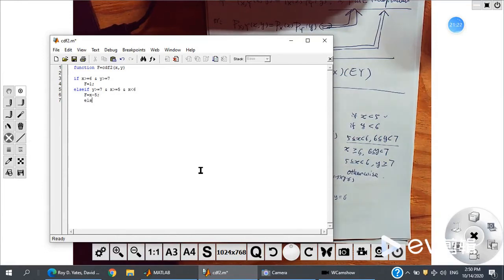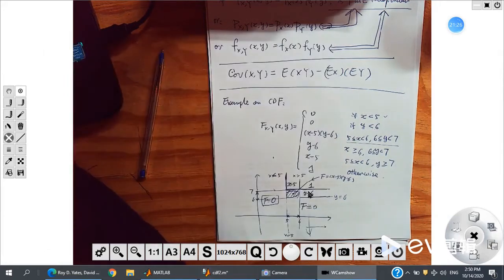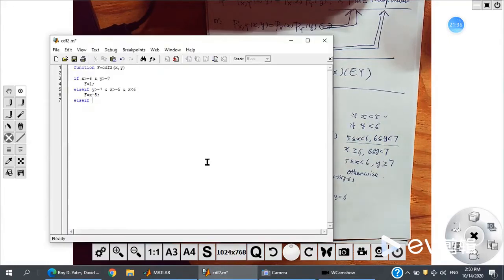And the third case, else if, now we look at the y minus 6 part. So x should be larger than 6, and y is between 6 and 7. So I want x larger than or equal to 6, and y larger than or equal to 6, and y smaller than 7.